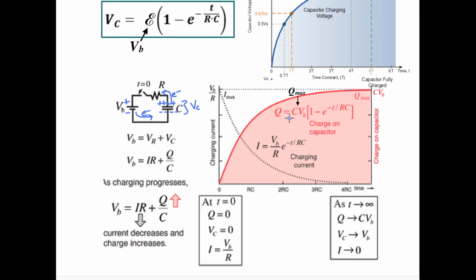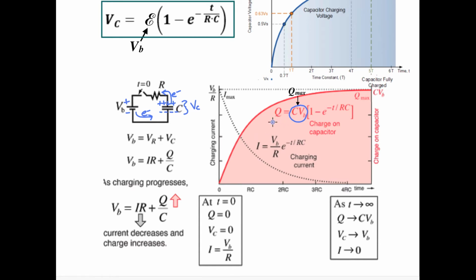If this is our Q max right here, then our Q at any time is going to be our Q max times this same product: 1 minus e to the minus t over RC. And so Q changes proportionally as your voltage changes. As you close the switch, you do most of the charging early on, and then near the end, you get a little bit more charge built up.